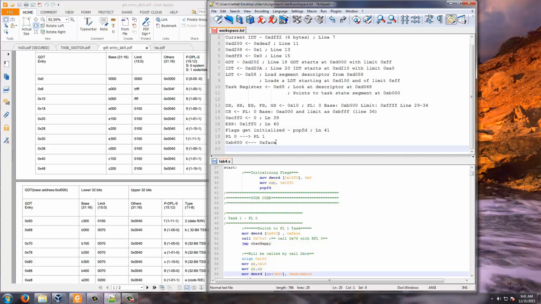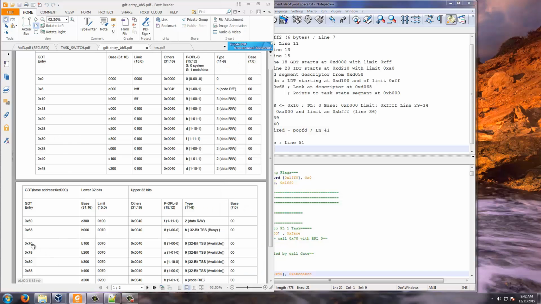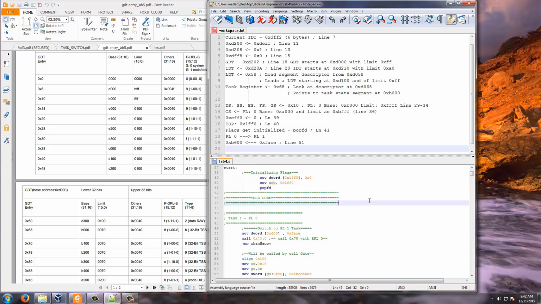Now this is line number 51 of your code. Now I say call 70:0. So what is 70? Let us see what 70 is here. 70 is a task state segment that starts at B100 and has a limit of 70.